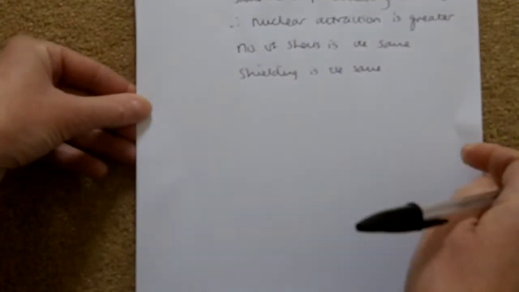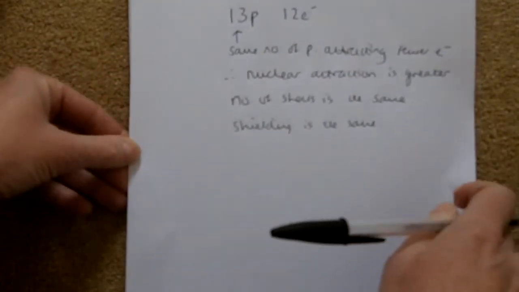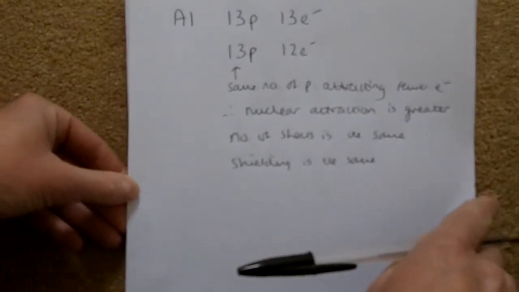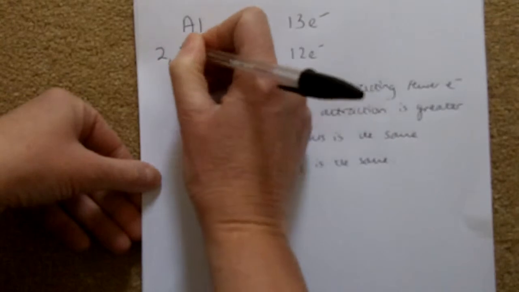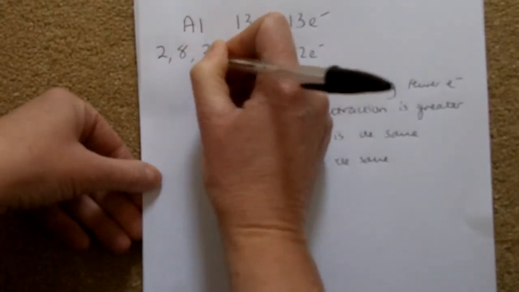Because if we do GCSE style electron structure, the electron structure for aluminium is 2, 8, 3.